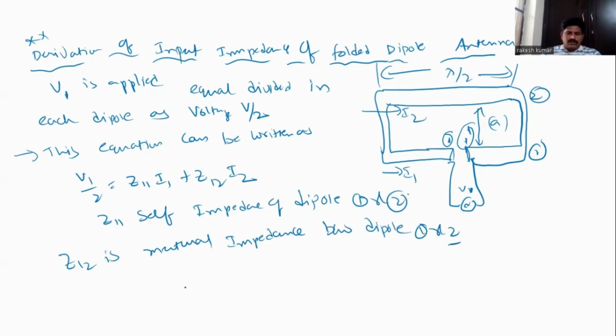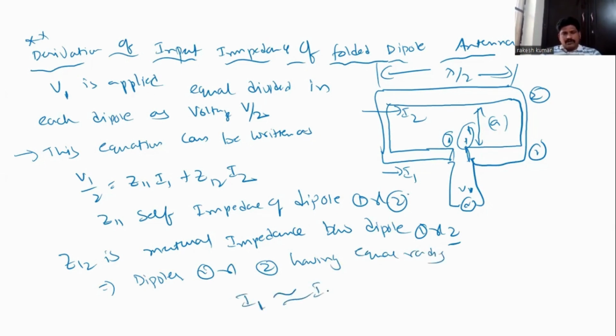Here I1 and I2 are the currents passing through the respective dipoles. If I assume that both dipoles 1 and 2 have equal radius, then I can equate I1 is approximately equal to I2.